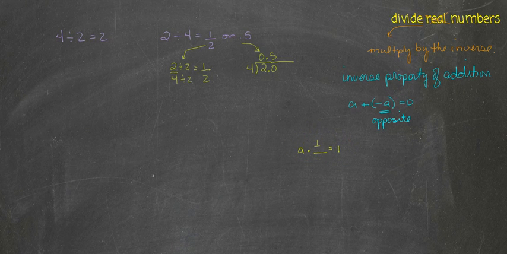It would be 1 over A. So if we do multiplication on this, we get A over 1, right? A times 1 is A, and 1 times A is A, and clearly anything over itself, as long as itself isn't 0, equals 1.